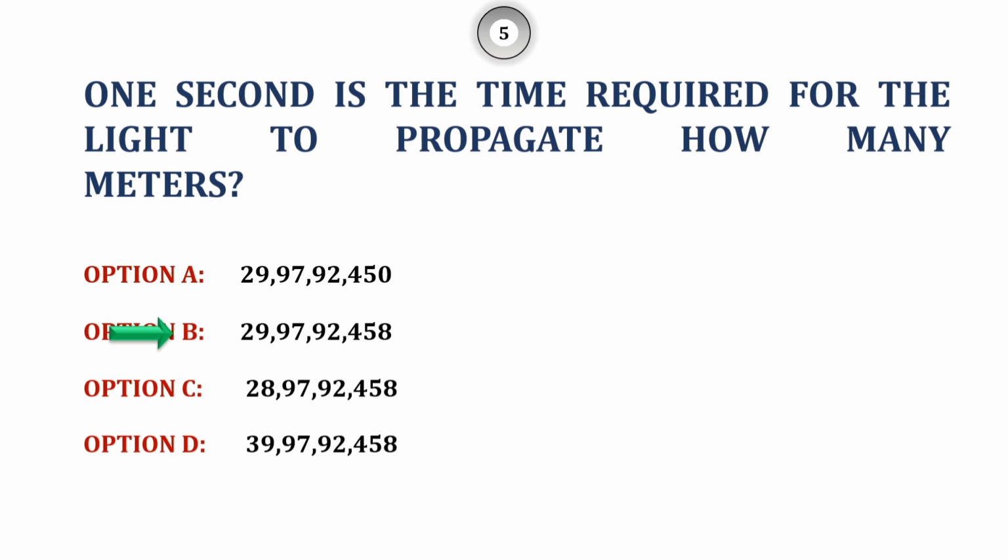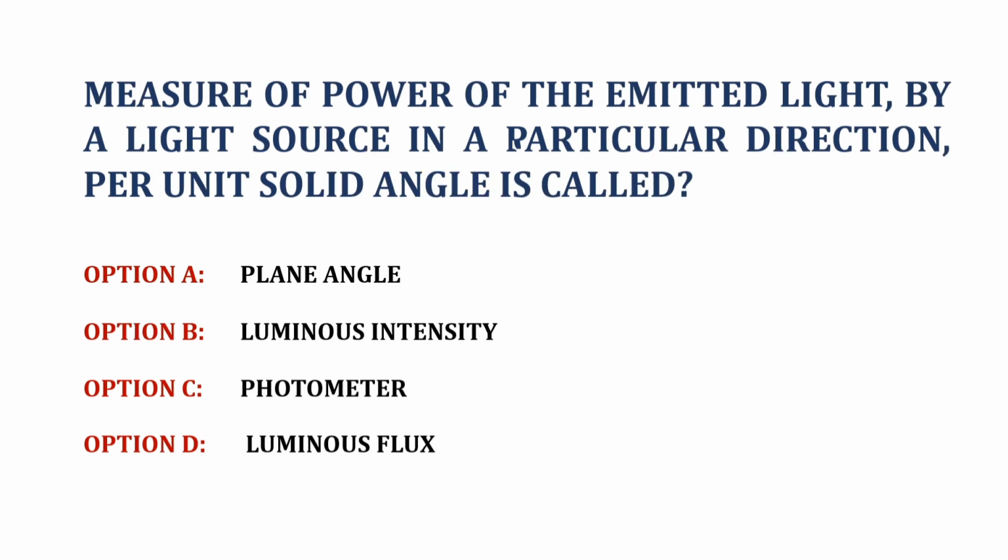Option B. 29 crore 97 lakhs 92,458 meter. The measure of the power of emitted light by a light source in a particular direction per unit solid angle is called. Option B. Luminous intensity.